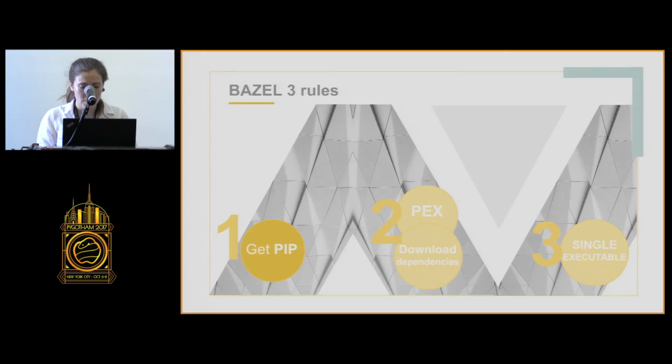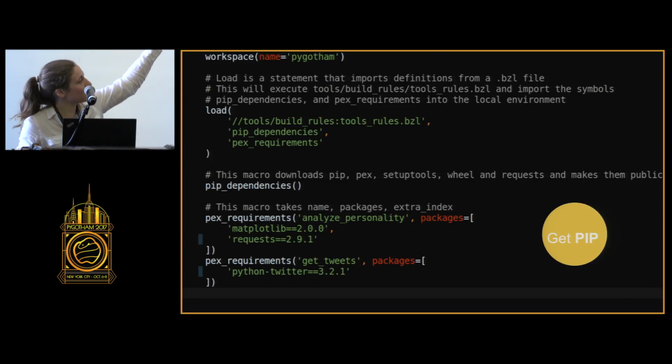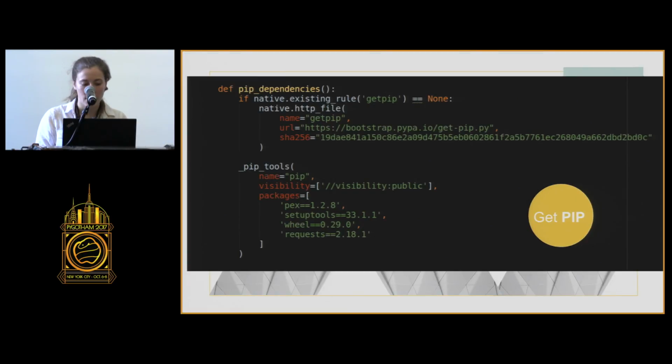So this is the workspace file for my sample application, and you can see the first part is just loading macros. That very first macro, pip dependencies, is the code that downloads pip, pex, setuptools, wheel, and requests into your sandbox, and you need those things to then get whatever else you want.